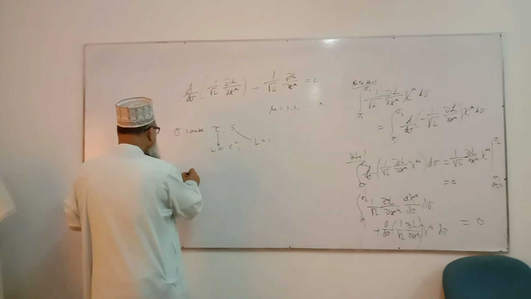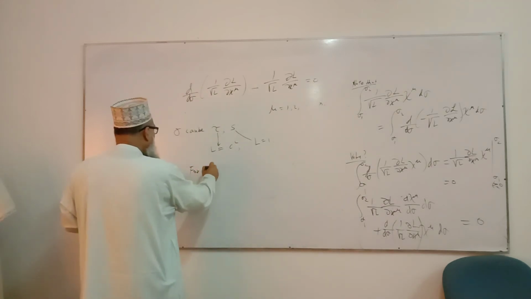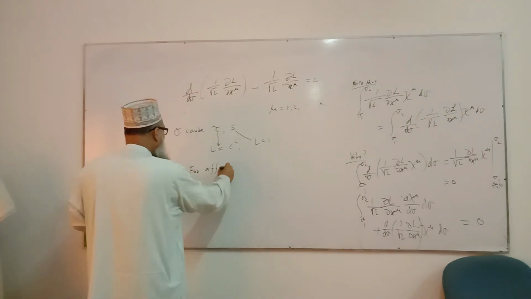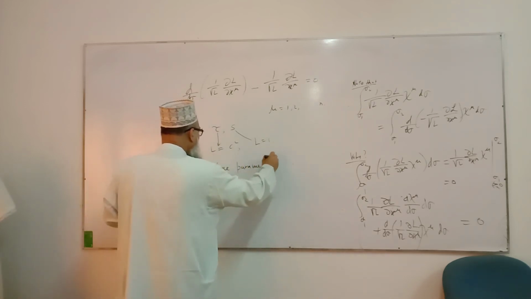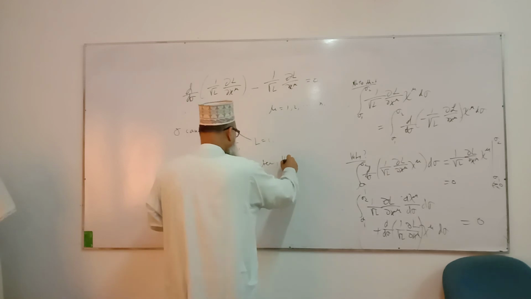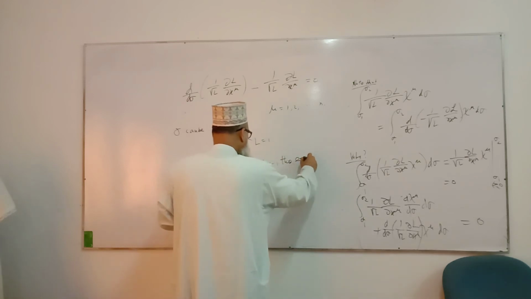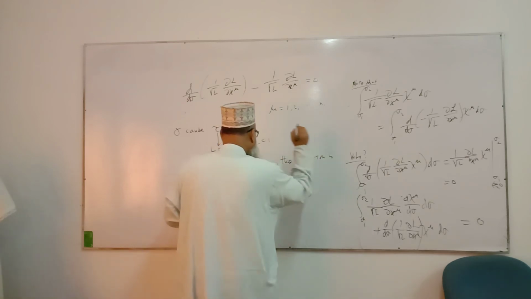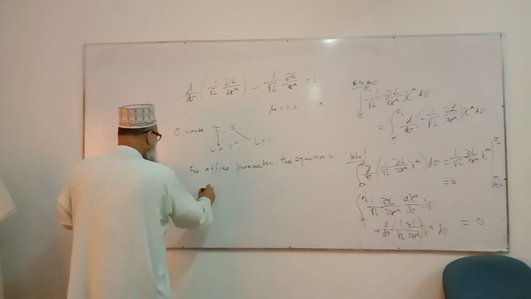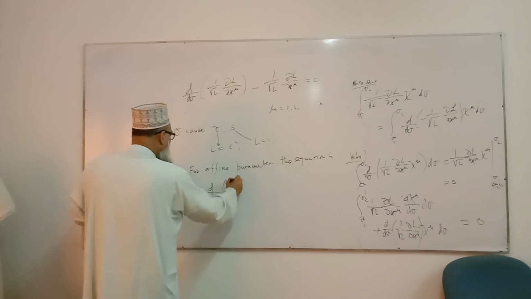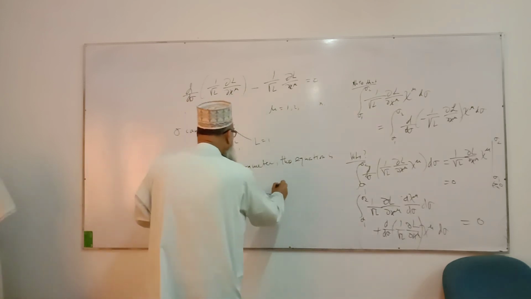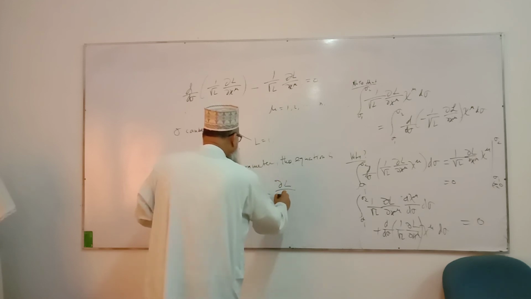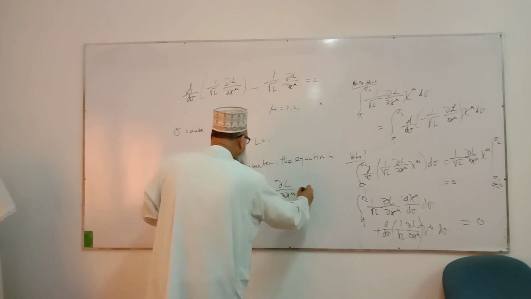For affine parameters the equation is d by d sigma of del L by del x dot mu minus del L by del x mu equals 0.